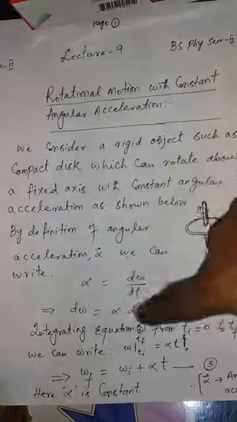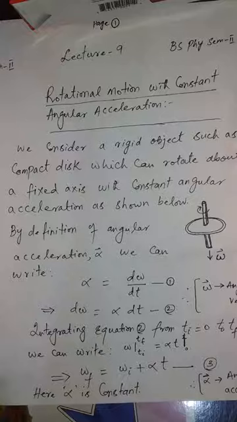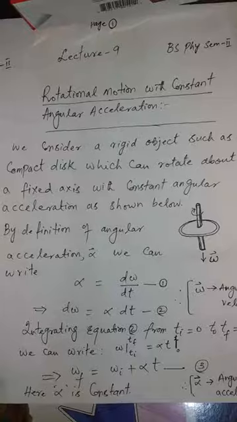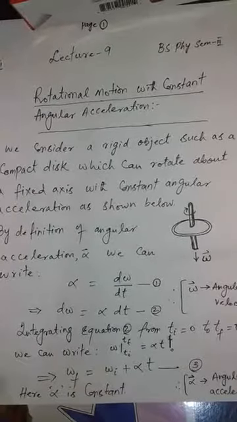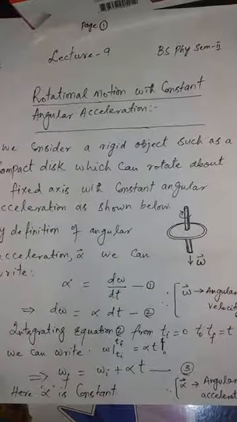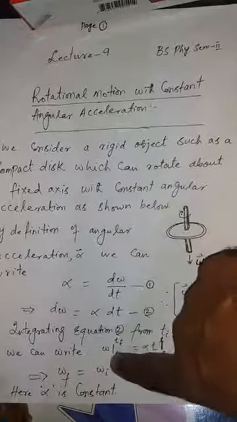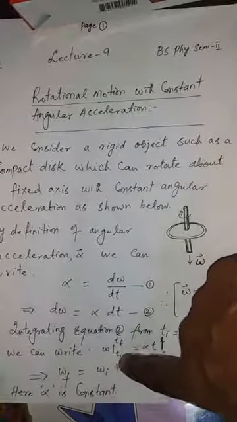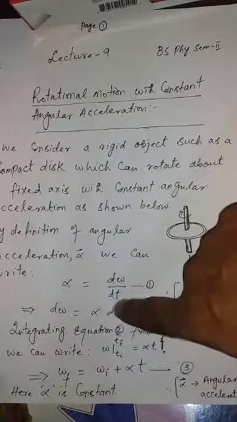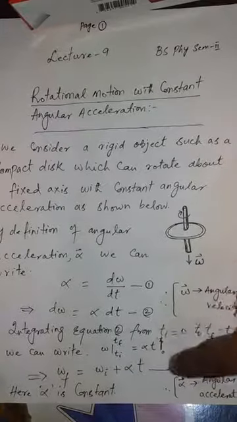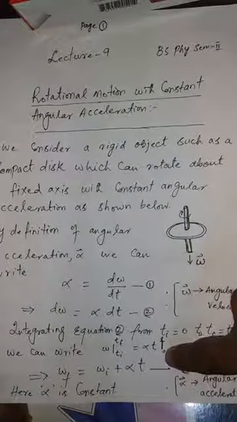By integrating and applying the limits from ti to tf, where ti is assumed to be equal to 0 and tf is assumed to be equal to t, we have from the left hand side of the equation omega with limits ti to tf, and from the right hand side of the equation we will have alpha t with limits 0 to t.